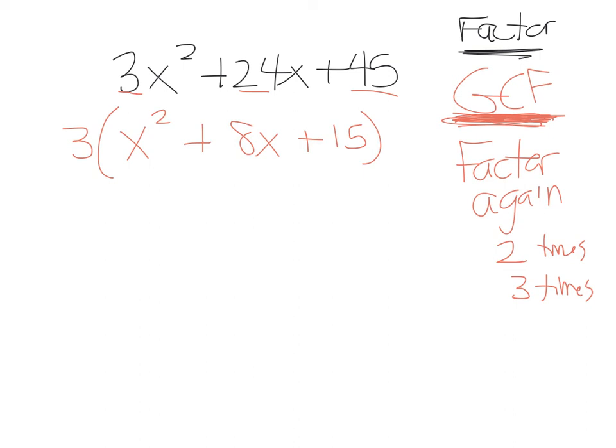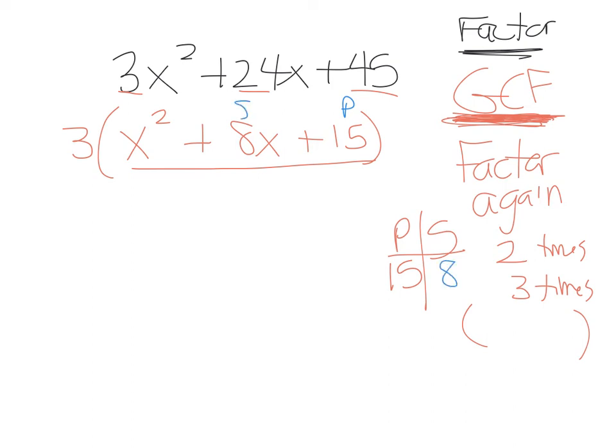So you can always look inside the parentheses and see, can I factor this trinomial? And sure enough, I can, because it's the regular kind of product-sum, the product being 15, the last one, the sum being the middle one. Product 15, sum is 8, the numbers are 3 times 5.